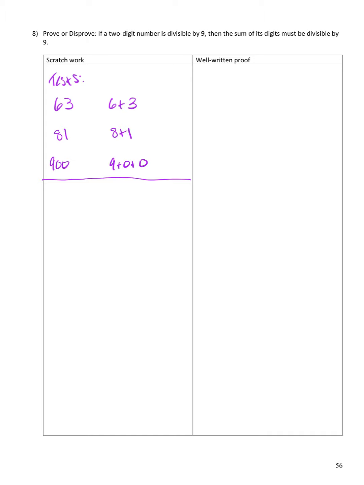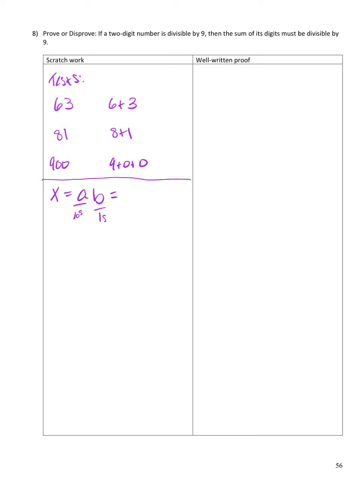So some scratch work. If x is a 2-digit number, it looks like A, B, right? This is the tens digit, and this is the ones digit. But with our mathematical notation, it kind of looks like A times B, which is not the case, right?